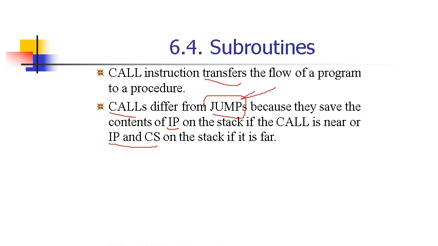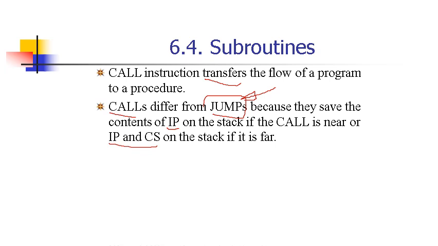While jump doesn't mean to come back to the flow of the main program. When you jump, you start executing your program from where you jumped to, and it's not intended that you come back to the place at which you jumped.